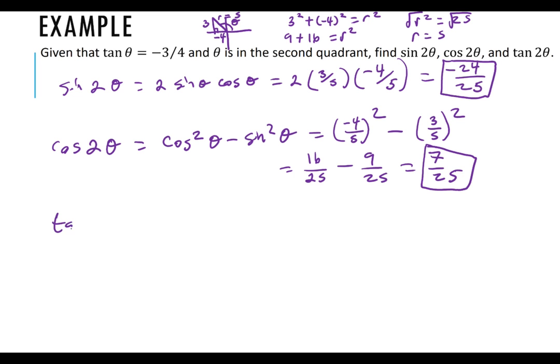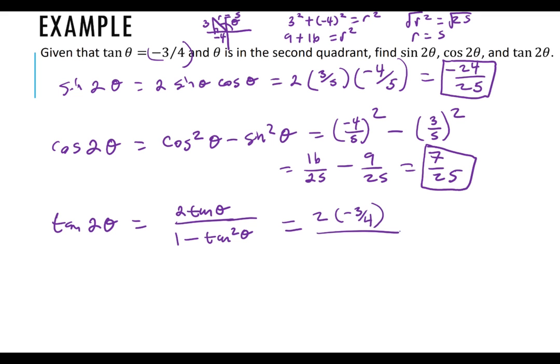Then, tangent of 2 theta. Tangent of 2 theta, well, that's just going to be 2 tangent theta divided by 1 minus tangent squared theta. And so honestly, this one, all the work's already done because I knew what tangent of theta was from the get-go. This is then 2 times negative 3/4 divided by 1 minus negative 3/4 squared.